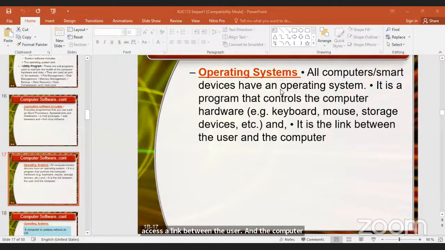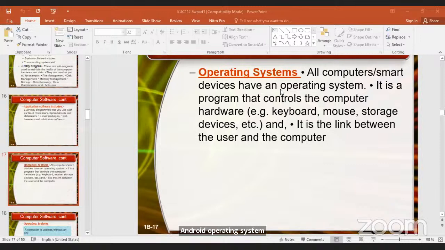So all smart devices like your phone, it has what's called Android. So when someone asks you what type of operating system your phone has, you are supposed to tell that person that my phone is using the Android operating system.